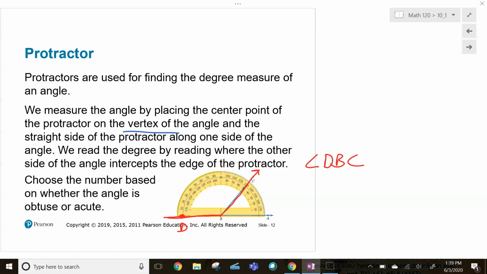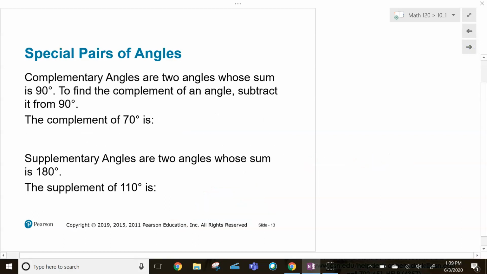Now this time we're going from the left-hand side, so I have to read the numbers on the outside. See how I'm going 10, 20, 30, 40, 90, clear to 130. So that angle is 130 degrees. If we're starting from the left-hand side, use the outside numbers. If you're starting from the right-hand side, you use the inside numbers on the protractor.